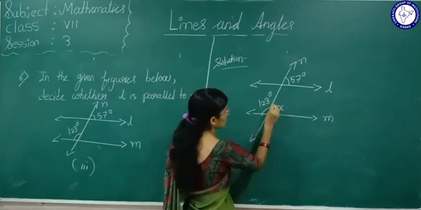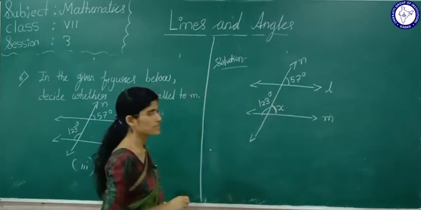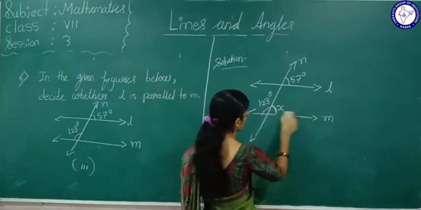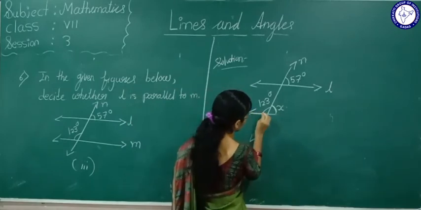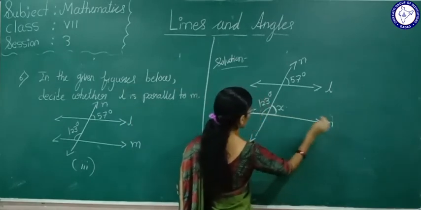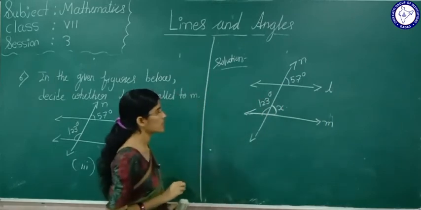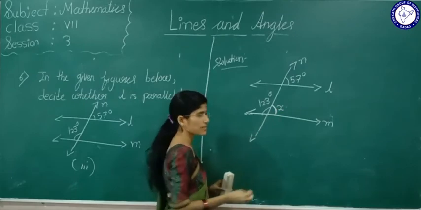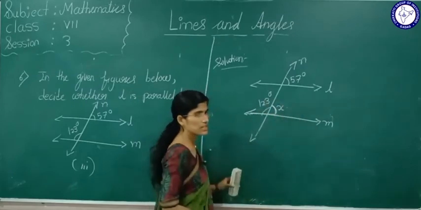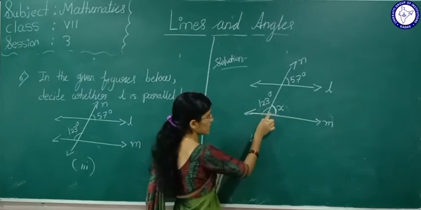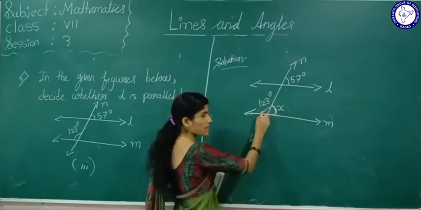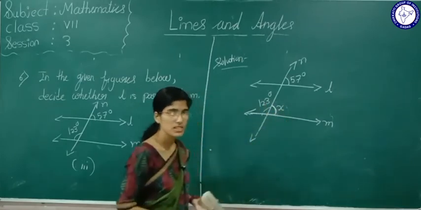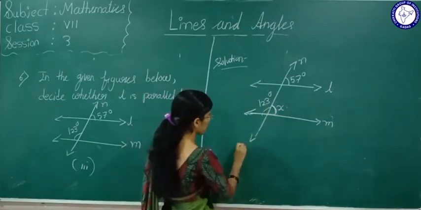Students, how to find X? Definitely this full angle is going to be 180 degree because these two are adjacent angles, yes or no? If the sum of adjacent angles is 180 degree, that is a linear pair. Now how to find the value of X here?